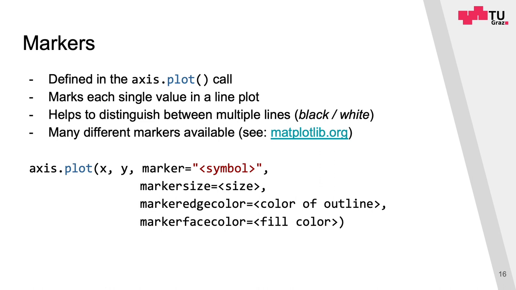So using the marker keyword argument, you can set the marker symbol, you can set the marker size, you can set edge color and the face color for the marker. So the edge color is basically the color of the outline, so the border color, and the face color is the inner color, the fill color of the marker. We will see an example later then how this looks like.